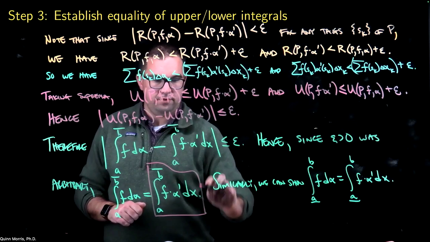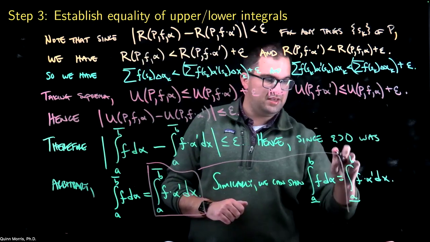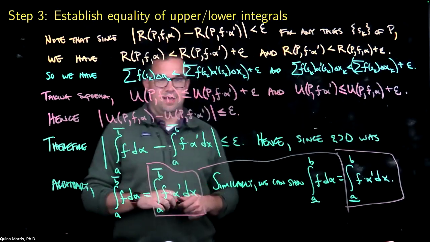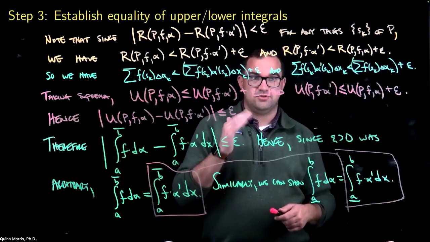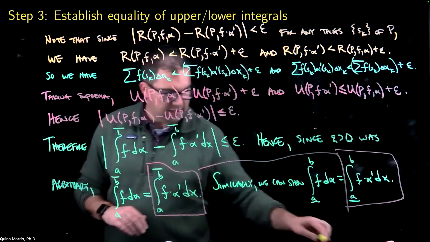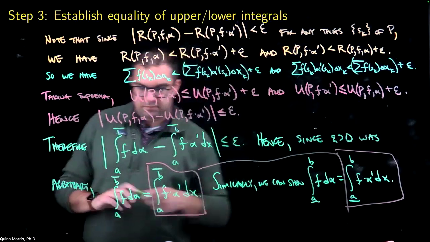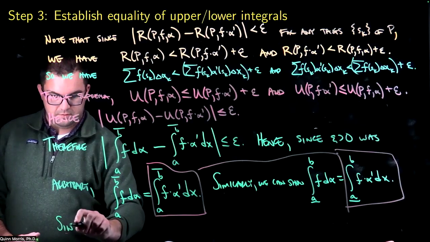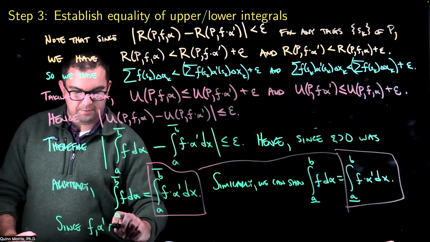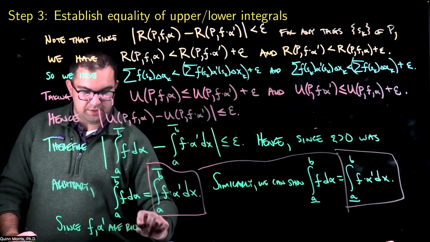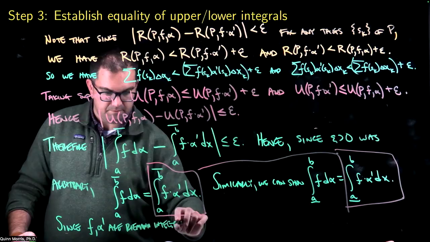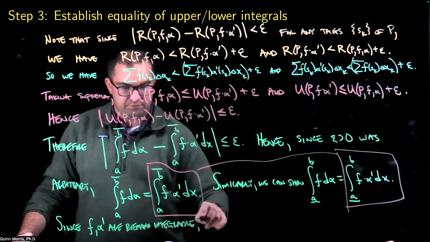that this integral and this integral must be equal to each other because f is Riemann integrable, alpha prime is Riemann integrable, so f times alpha prime must be Riemann integrable. And so hence, since f and alpha prime are Riemann integrable, what do we have?